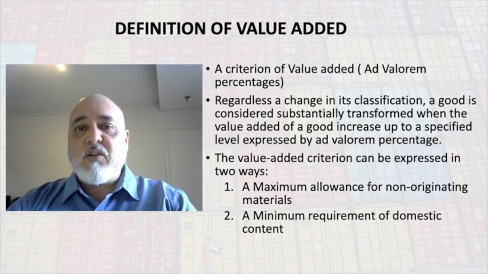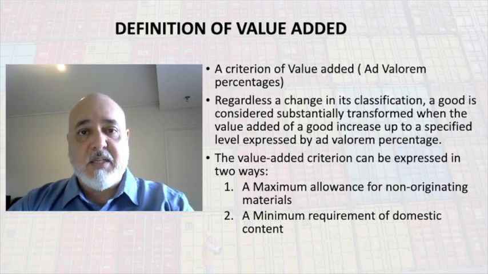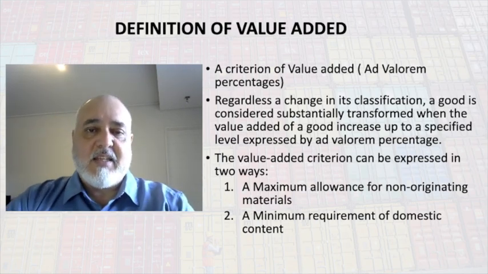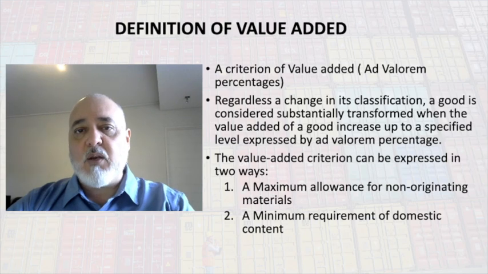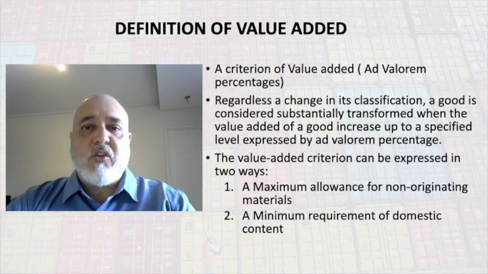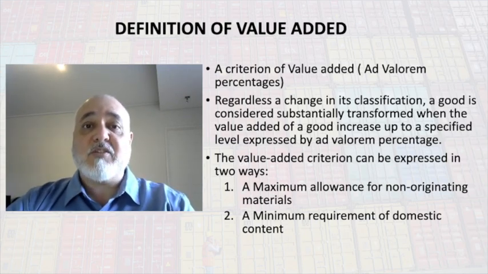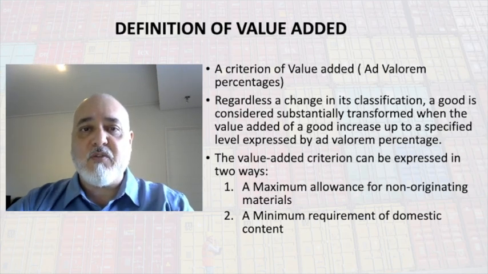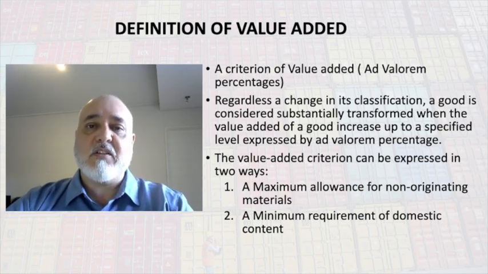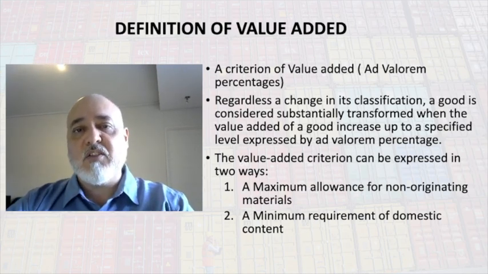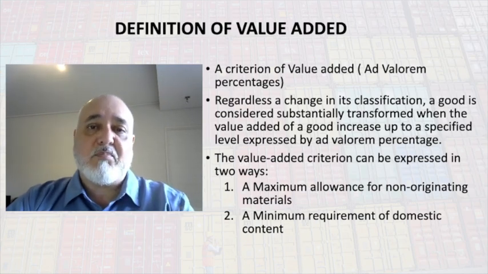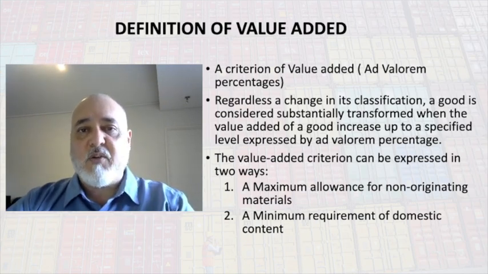The value added criterion can be expressed in two ways: maximum allowance for non-originating materials and minimal requirement of domestic content. In the case of maximum allowance, a good is considered to have undergone substantial transformation when the value of non-originating material used in its production does not exceed a specific percentage of the final value of the product.